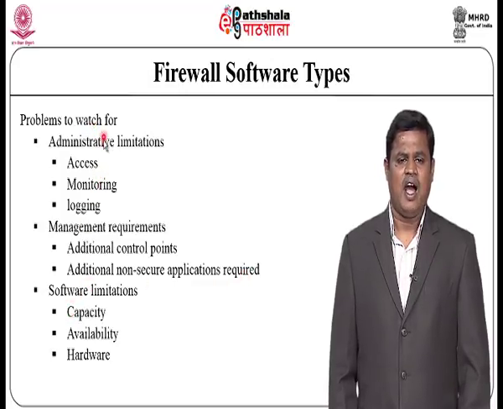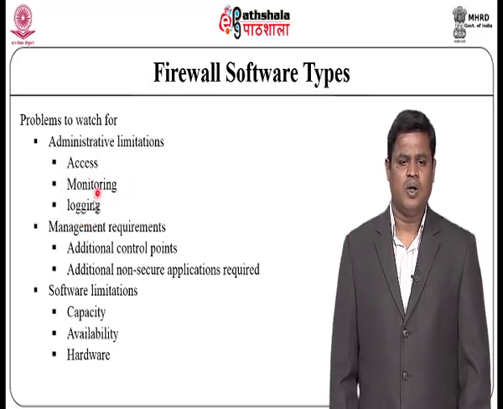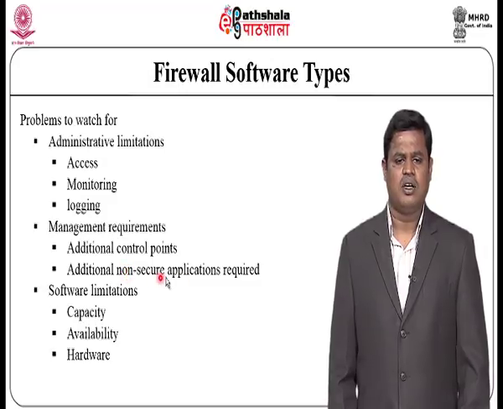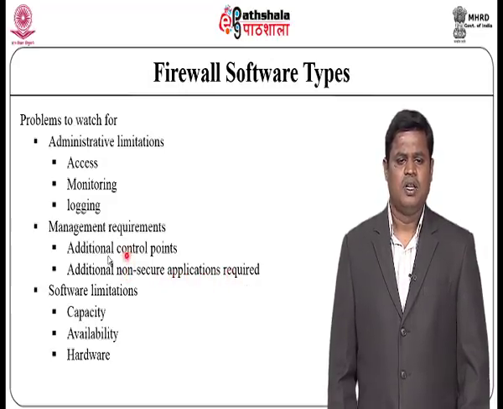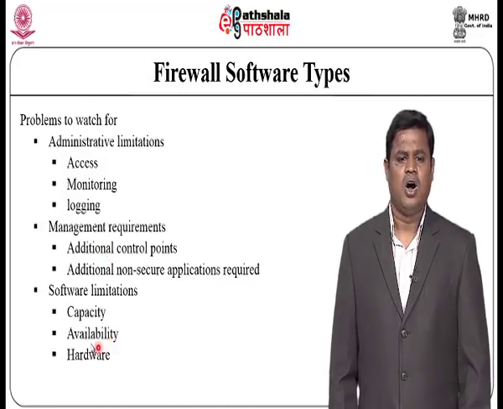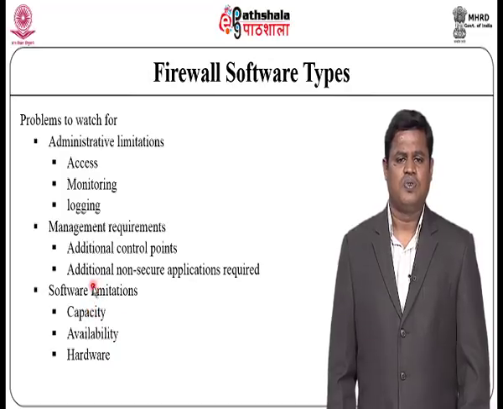For example, I provide access control, monitor packets and log all the activities happening inside or outside my network. The limitation is capacity, availability and the hardware supporting the software in the implementation of your firewall.